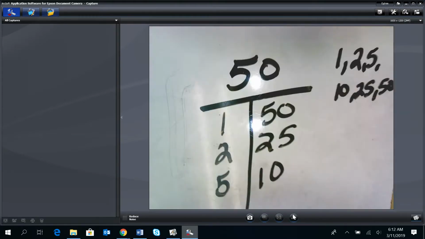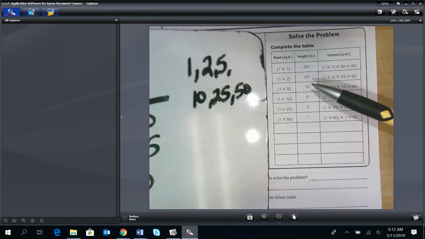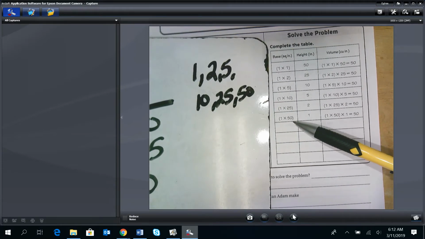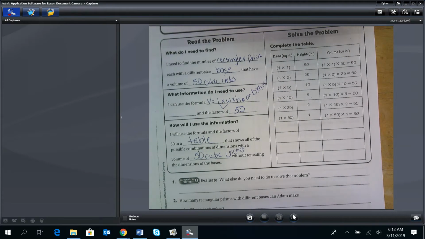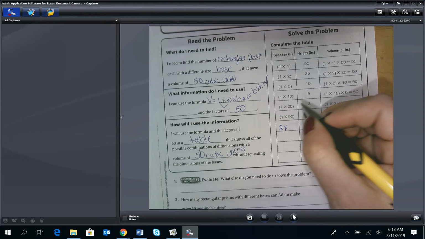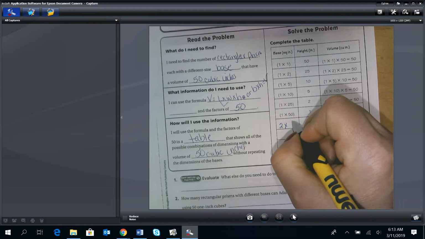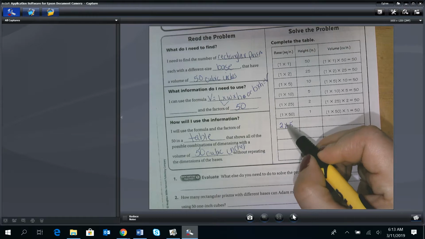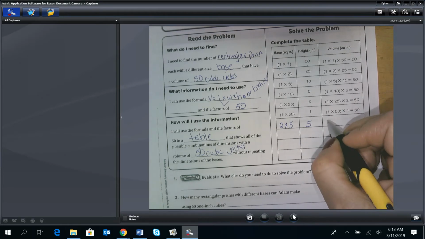So when I said these numbers would be the key numbers, we're having the numbers 1, 2, 5, 10, 25, and 50. Now, those are if we had the base of only 1. Now we're going to just switch it and do the base of 2. So 2 times what? 2 times 5, which is 10, because we're going to switch 2 and 5 around. 10 times 5 equals 50.